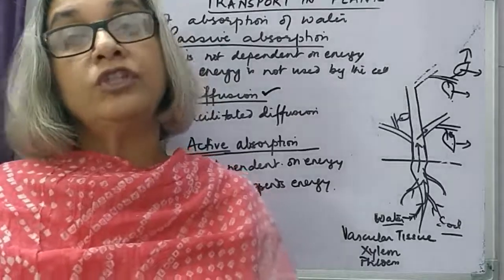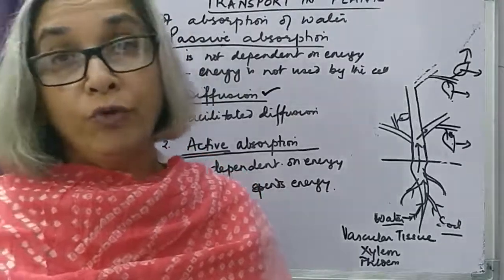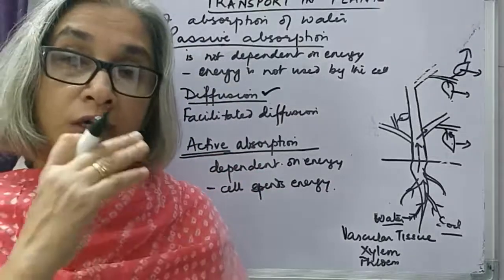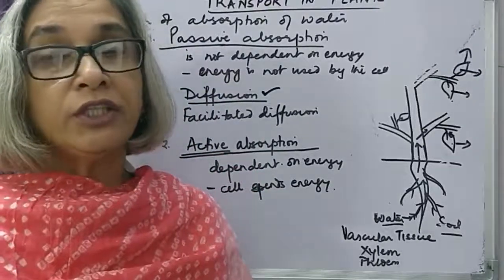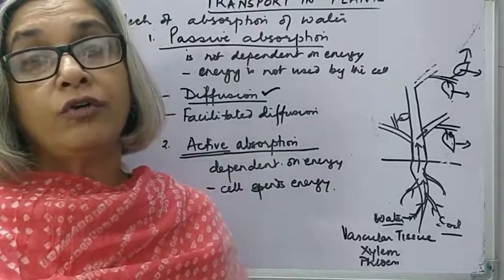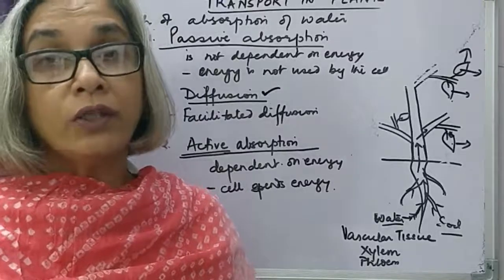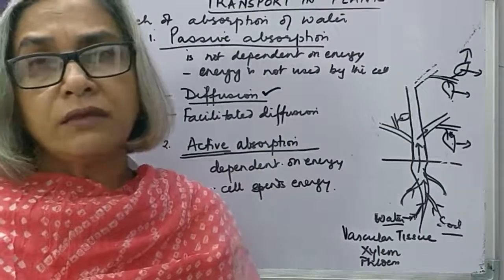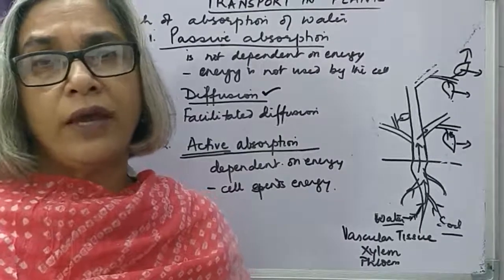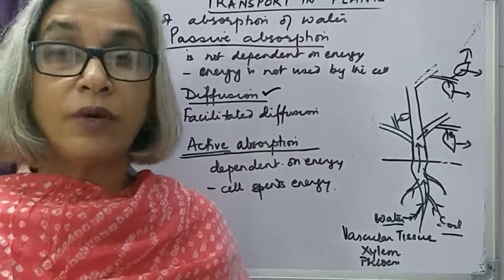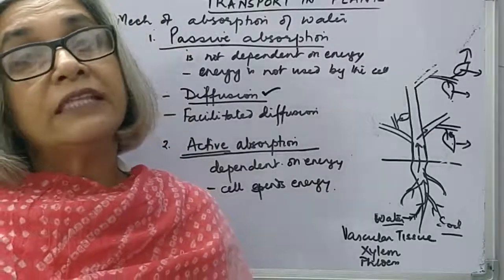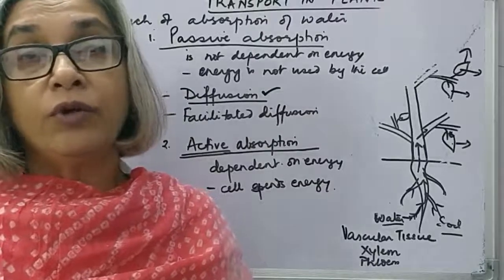We say diffusion is the movement of substances from a region of their higher concentration to a region of their lower concentration, and this does not require a separating membrane also. But when we talk of plants, the cell membrane is a separating membrane between two different regions.